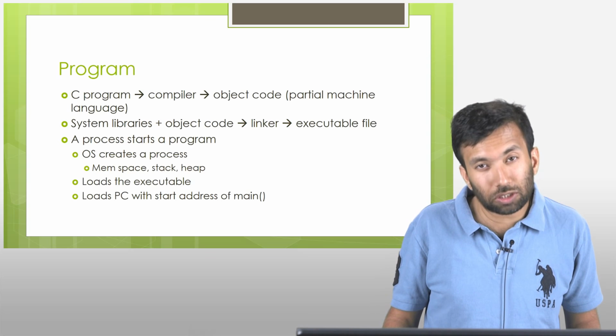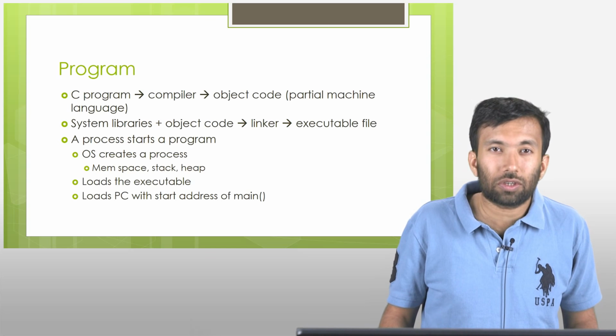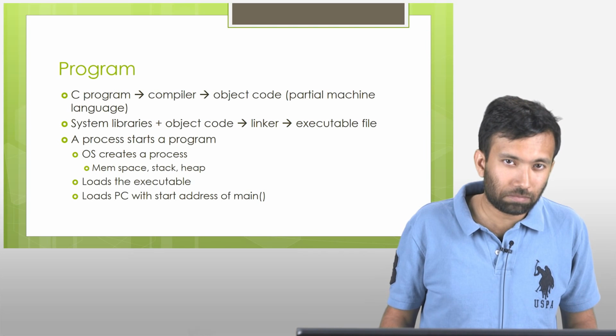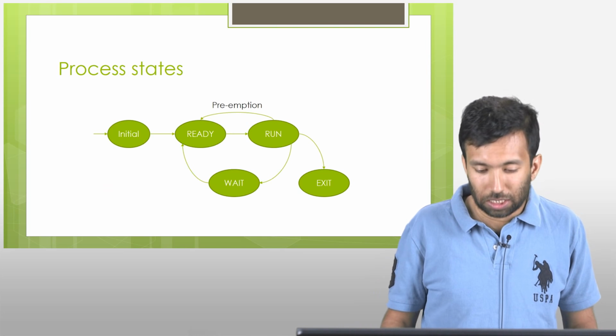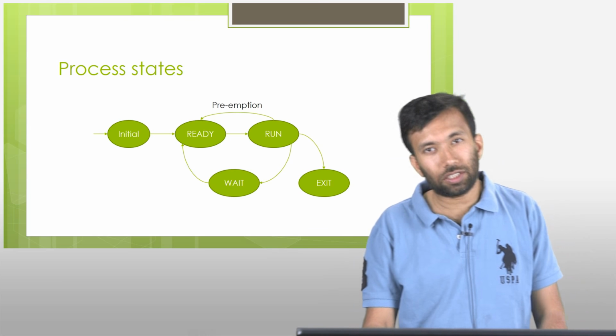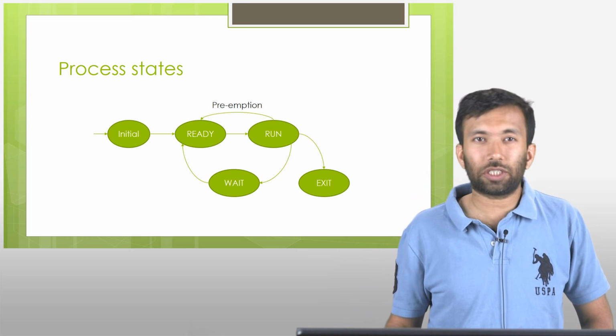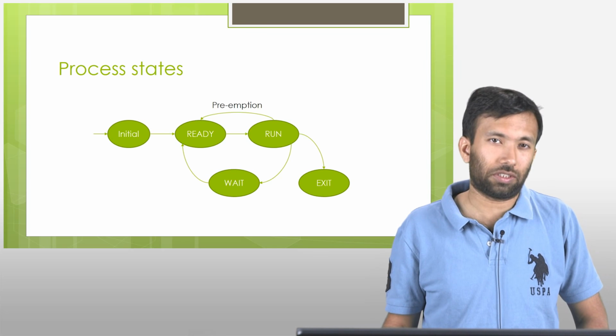Now before we go into those details, we need to talk about different states of processes. So a process has these following states: initial, ready, run, wait, and exit. And this is a typical state diagram of a process.